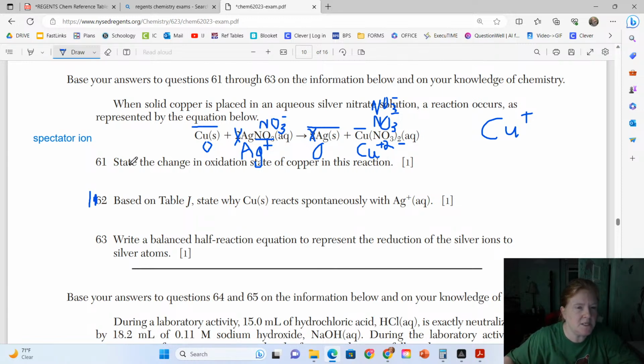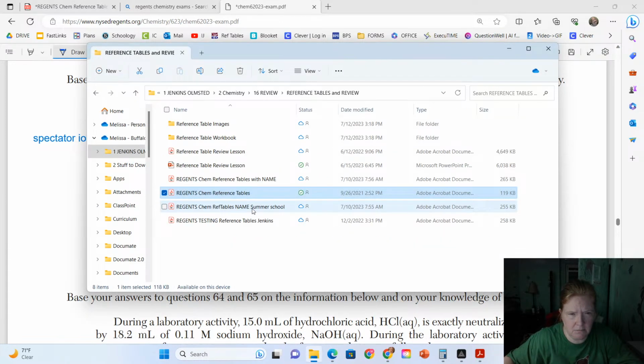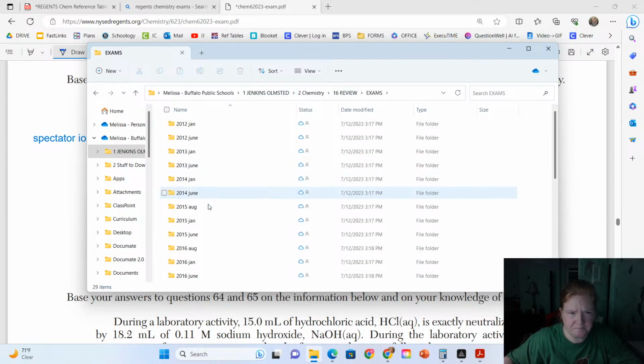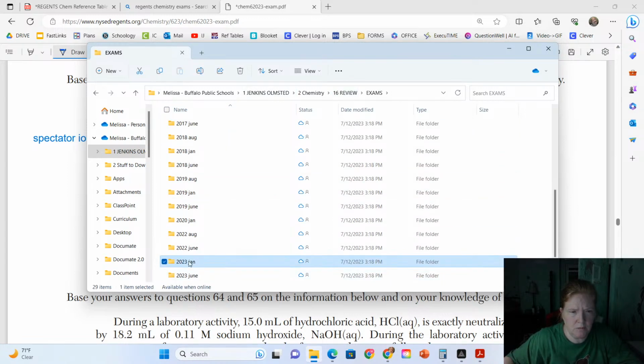Okay, so when it says state the change in oxidation state of copper, let's look at what the answer booklet looked like. Let me go to my exams. June.